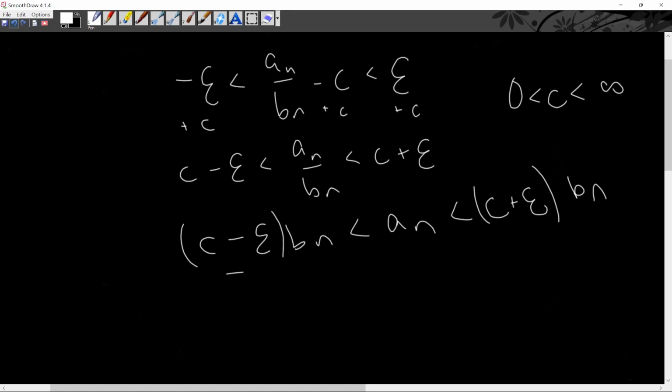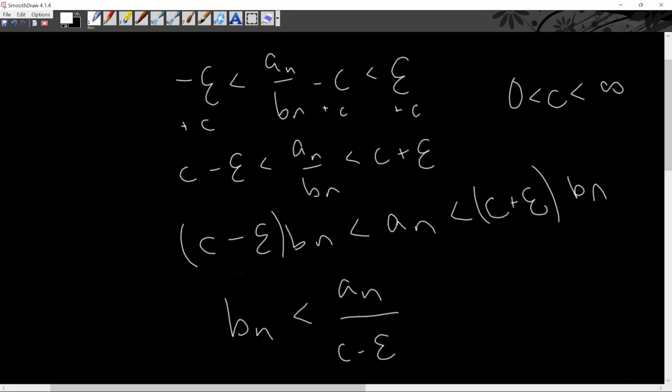So if we pick an epsilon that is smaller than c, we can have c minus epsilon be a positive value. If c minus epsilon is positive, we can divide both sides by c minus epsilon, and we're going to have a sub n over c minus epsilon.